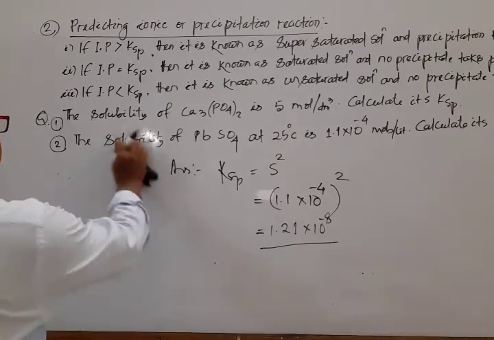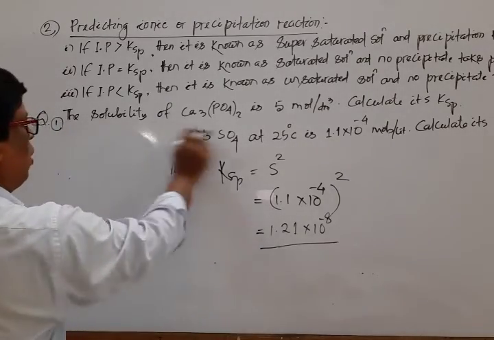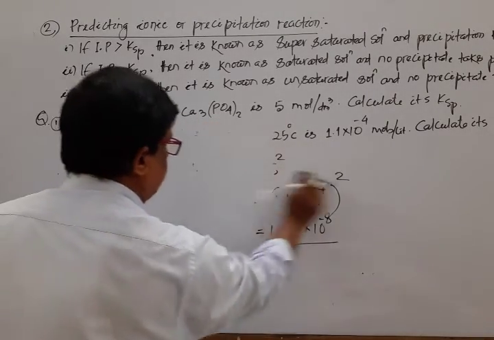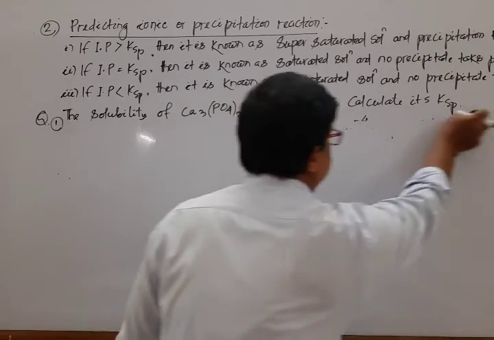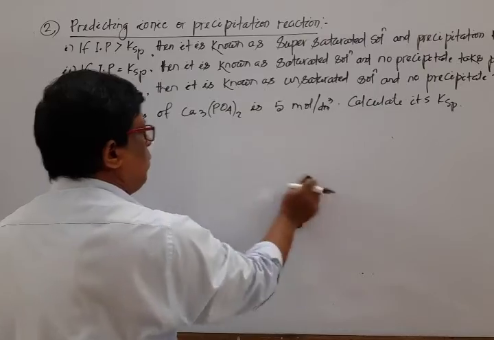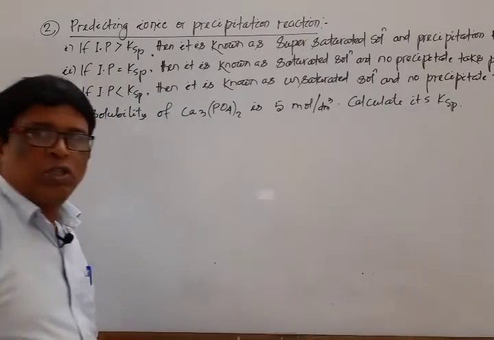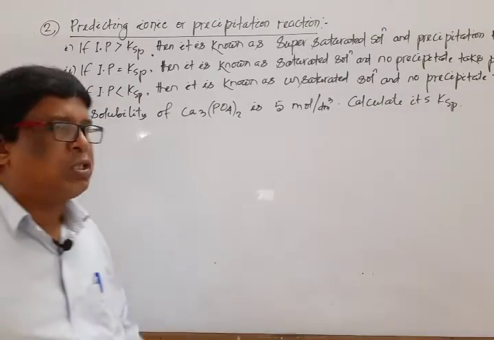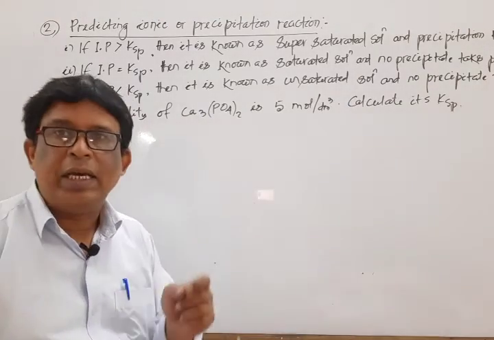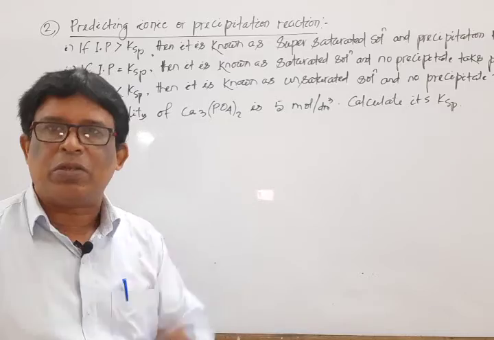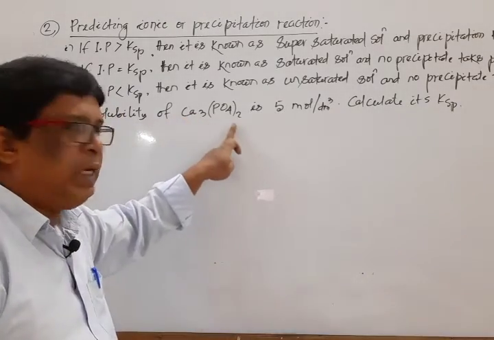Okay. Move to the last one. Mark that. What is the question? The solubility of calcium phosphate. Mark the last question. The solubility of calcium phosphate is given as 5 moles per dm cube. Solubility is given. Calculate the solubility product. Same principle is there. The important thing is to observe what is the type of the salt. It is A3B2.